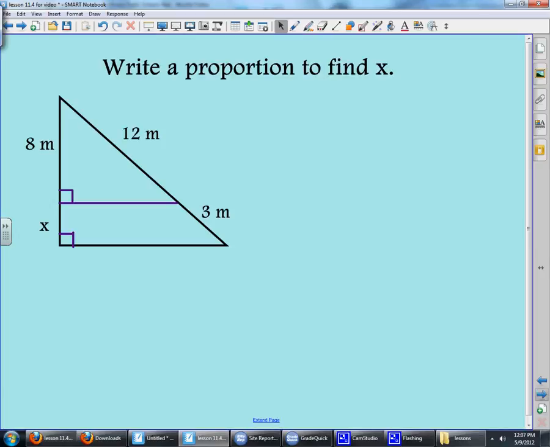Here's another triangle. We need to write a proportion to try to find X. Now we have two triangles here. So I'm going to outline one in red and I'll outline the other in a different color so we can see the difference between the two triangles.